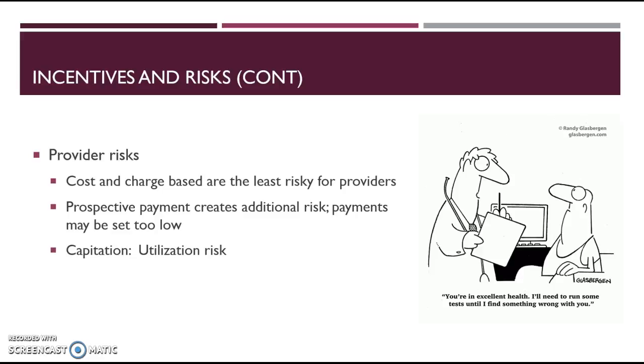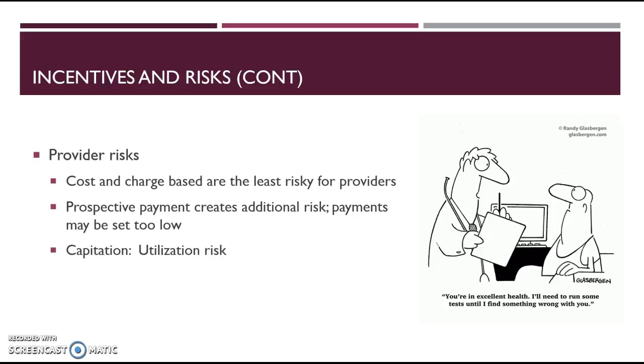But in fee-for-service, the financial risk of providing healthcare services is shared between the providers and insurers. Because if the costs are too high, the providers suffer. If too many services are consumed, the insurers suffer. So really, when it comes to risk, it's equal risk for both the provider and the payer.